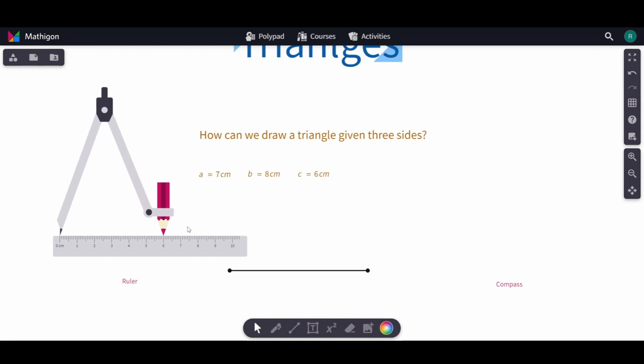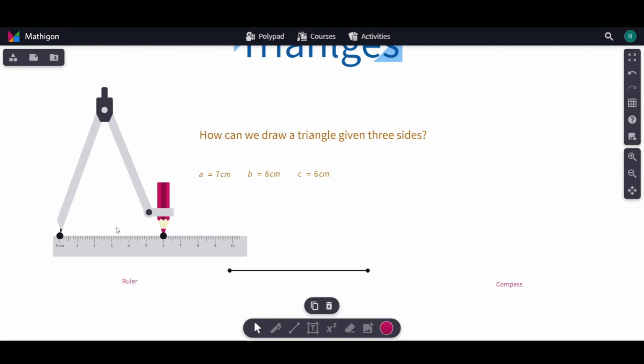The basic rule is that to draw a triangle, you need to open your compass's legs greater than half the length of our base. So we have 8 centimeter as our base, so it should be greater than 4 centimeter. We will talk about it later.